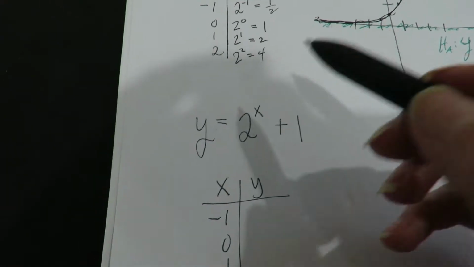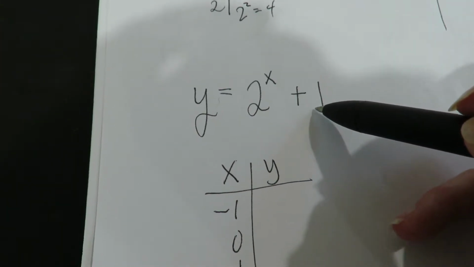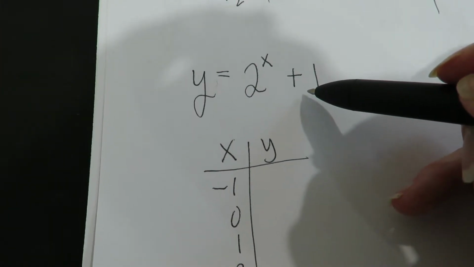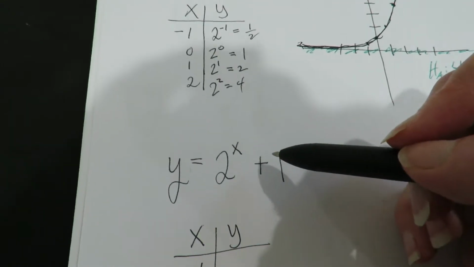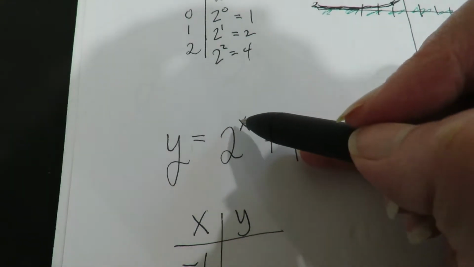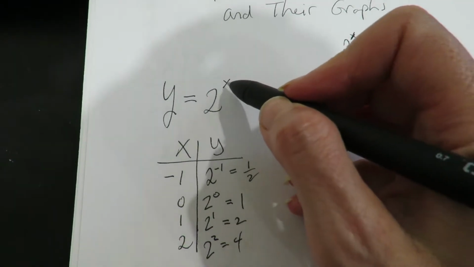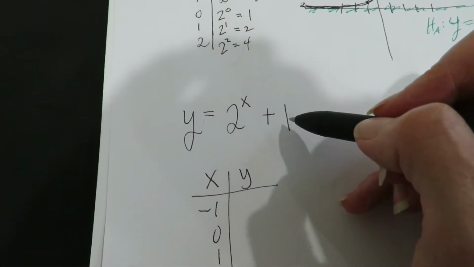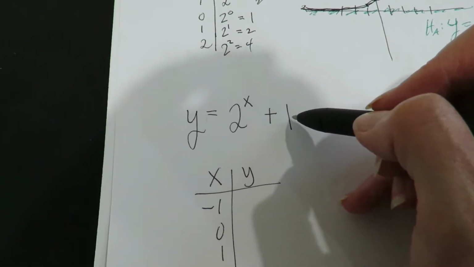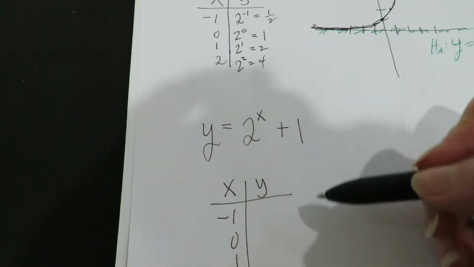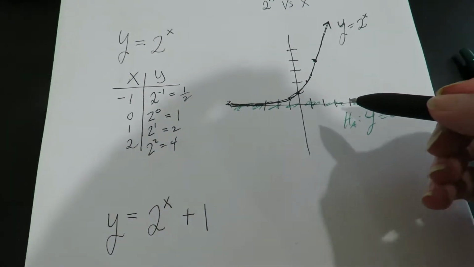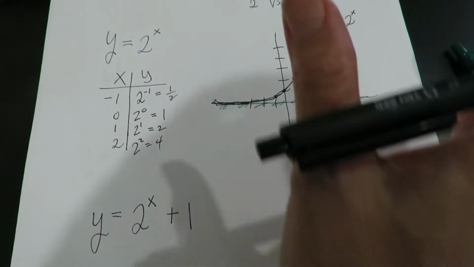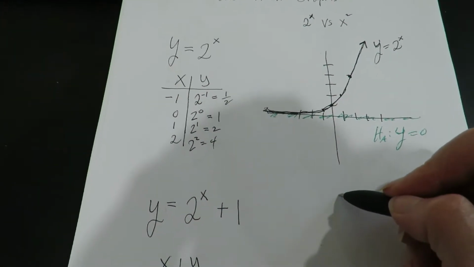Okay, so now this is the same graph, but I've added 1. And if you remember, just like with parabolas or other graphs, you got to recognize the difference between when you put something in the function or something after the function. This is after the function. And when you put something after the function, that's what moves it up or down. Because this has a horizontal asymptote, you can also push the HA up and down.